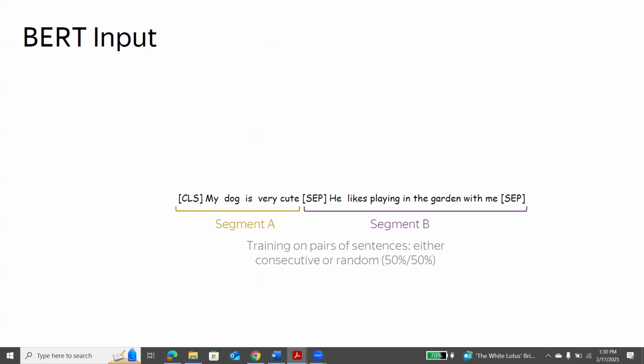So it was a binary classification task. During training, they used 50% of the time related sentences, where the second sentence was the true next sentence, and 50% of the time they changed the second sentence to an arbitrary sentence. And the goal was to classify if the second sentence is a continuation of our phrase or not.